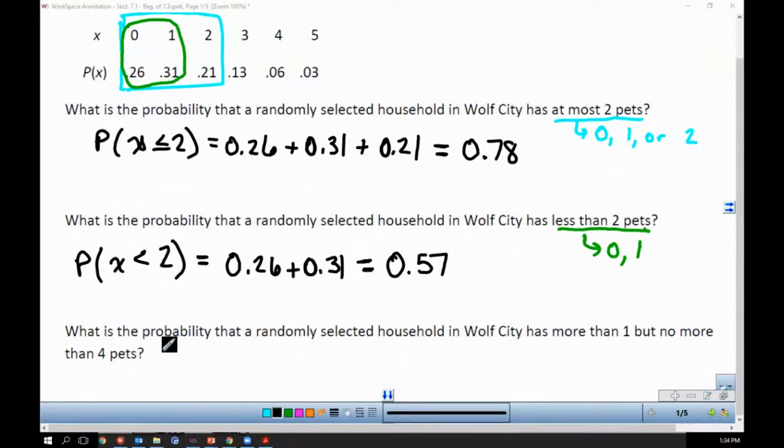And then the last one. They want more than 1, but no more than 4. So what possible values could I have here? 2, 3, and 4. So when we put this into symbols, the probability that X is bigger than 1, but less than or equal to 4.